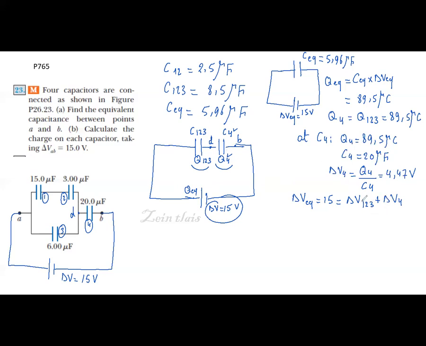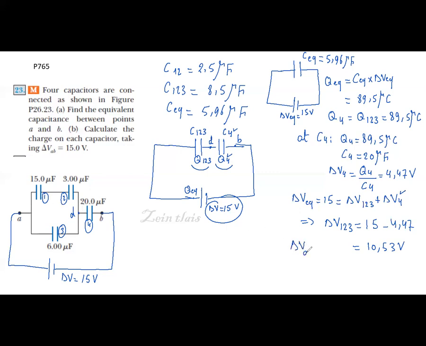So delta V123 equals 15 minus 4.47, which is equal to 10.53 volt.